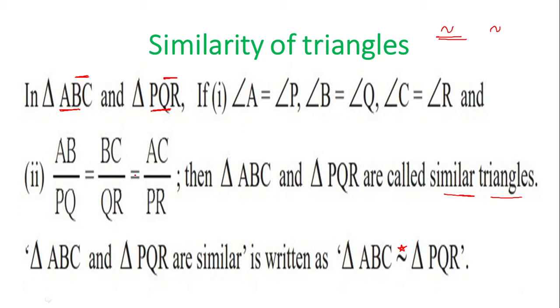Then equal to, take the alternate one, AC upon PR. So if all the angles are the same, and you take the corresponding sides, the first two of the first triangle, the first two of the second triangle, like that you have to take the ratio. If that ratio is the same, then the two triangles can be similar. So this was regarding the similarity of triangles.